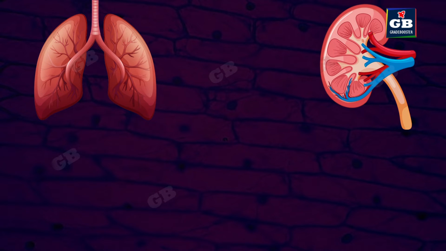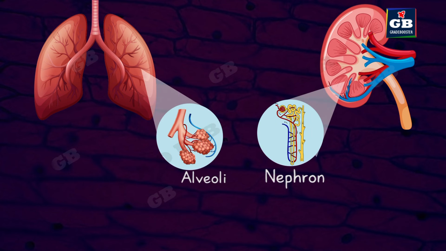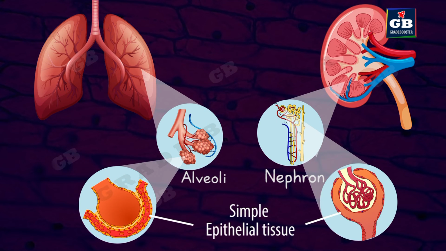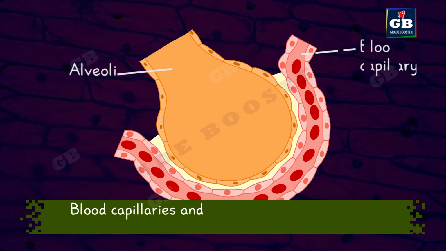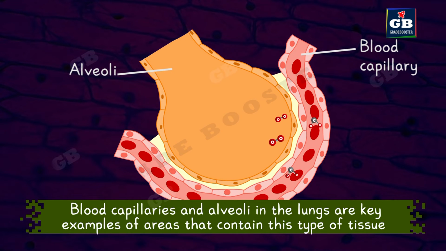While organs like the stomach and kidneys are mainly composed of muscles, their internal cavities are lined by simple epithelial tissue. Some parts of our body are entirely made up of simple squamous epithelial tissue. Blood capillaries and alveoli in the lungs are key examples of areas that contain this type of tissue.